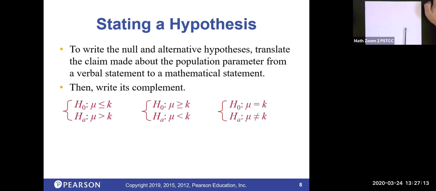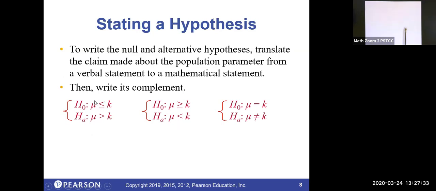These are the three different combinations you can have for hypotheses. Notice that the null hypotheses all contain equality in some form. The alternative hypothesis is the complement, meaning it covers everything else.